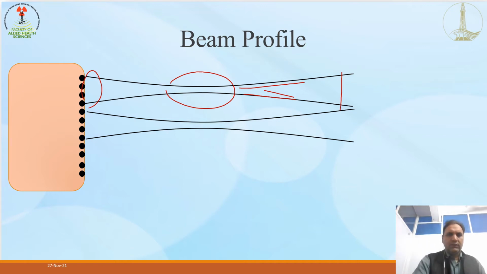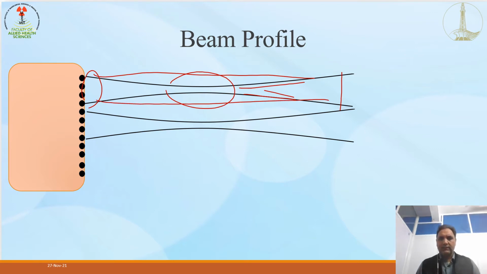So the beam is not uniform in space. This is a very important concept, but it is tricky as well. To sort out this tricky concept, it's important to discuss it in detail.